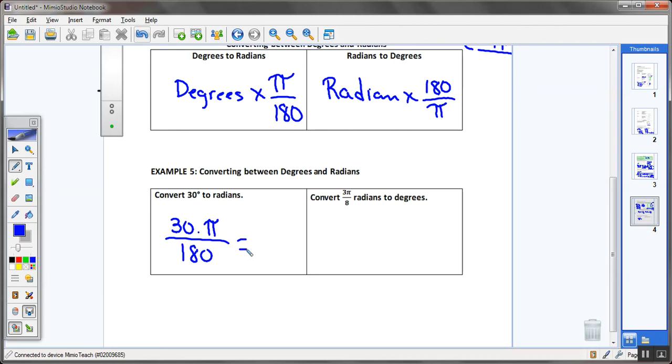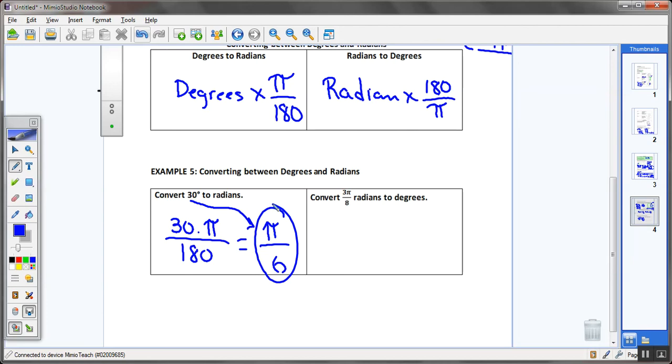Does 30 go into both of those? How many times up top? Once. Up top, 30 would go into 30 once. So up top, this is really 1 pi over what? 6. 30 degrees is equivalent to how many radians? Pi over 6. Okay.